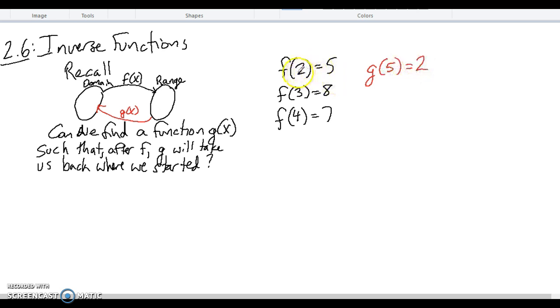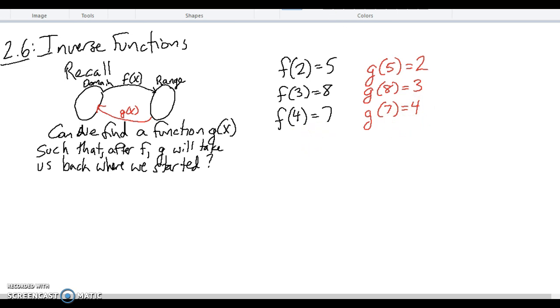So notice, f took us from 2 to 5, which means g takes us from 5 back to 2. So down here, f took us from 3 to 8. If we put a 3 in for f, we got an 8 out. So g is going to take that 8 and send us back to 3. f of 4 equals 7 means we started at 4 and went to 7, so g will take us from 7 and go back to 4.